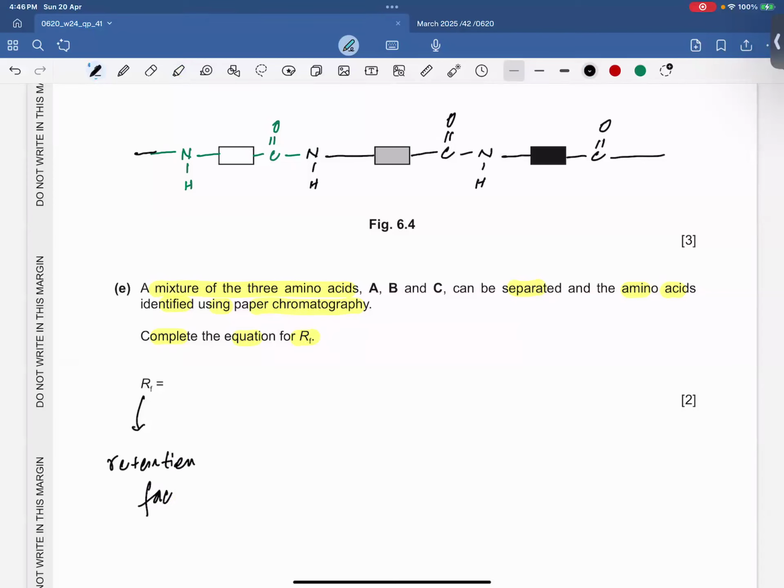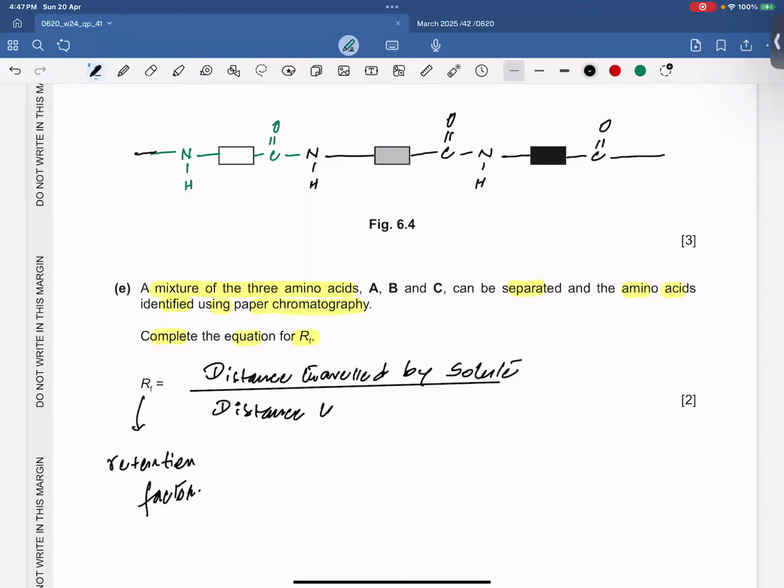It is basically the ratio of the distance traveled by the solute over the distance traveled by the solvent.